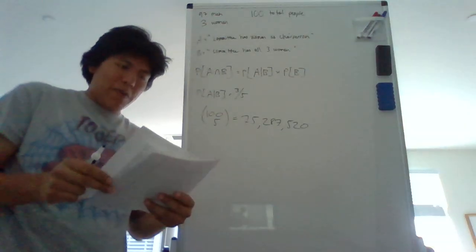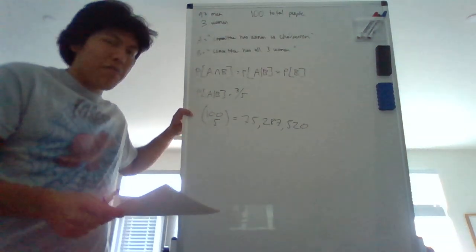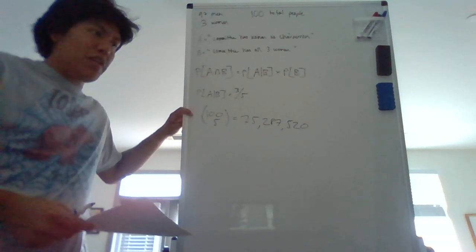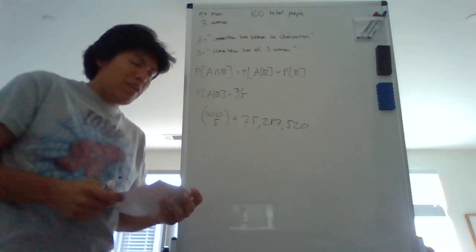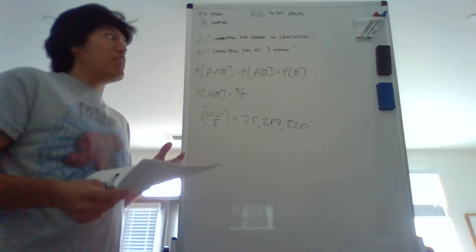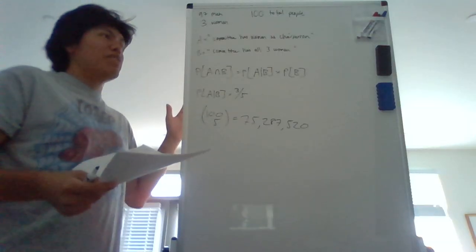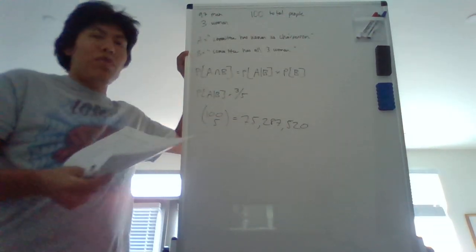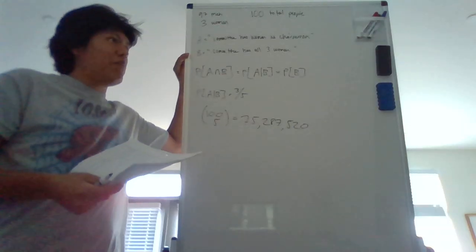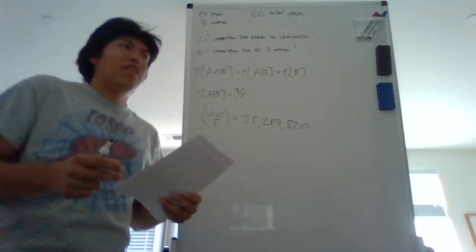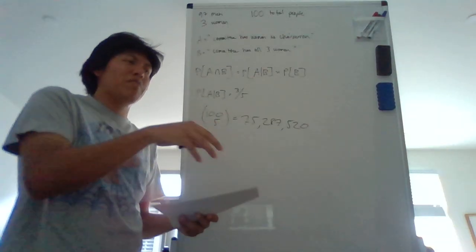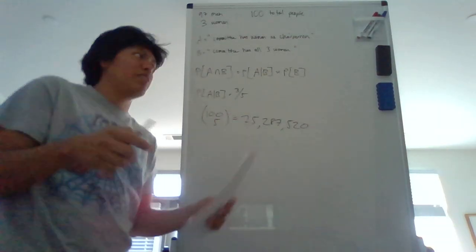So, again, this is how many possible 5-person committees we can make from 100 people. Now we have to consider how many 5-person committees exist that have all 3 women. So let's say that we do have all 3 women in the committee already, right?